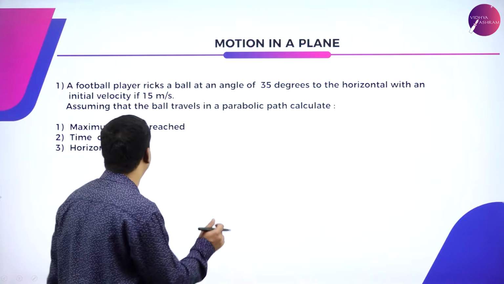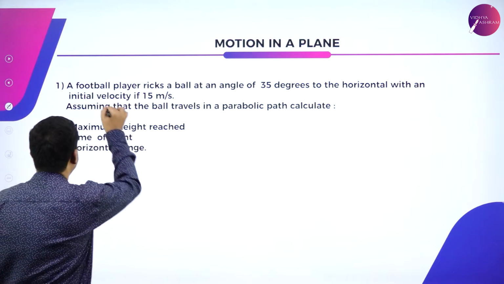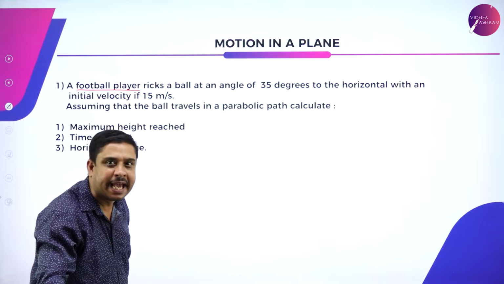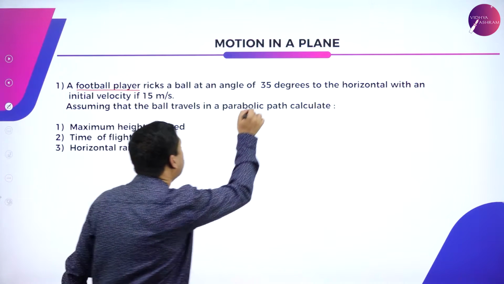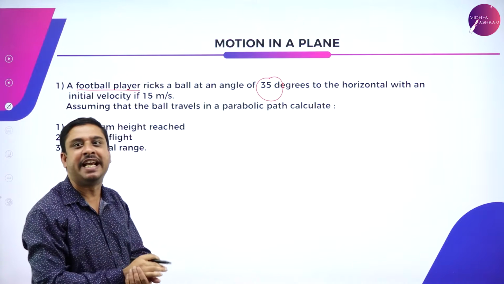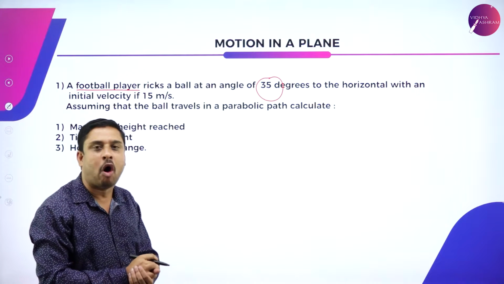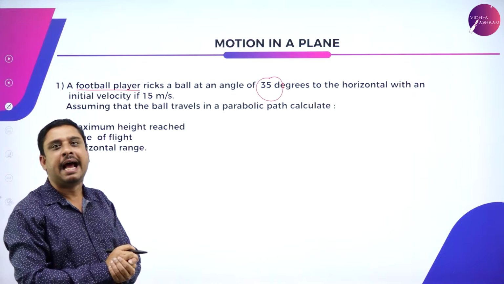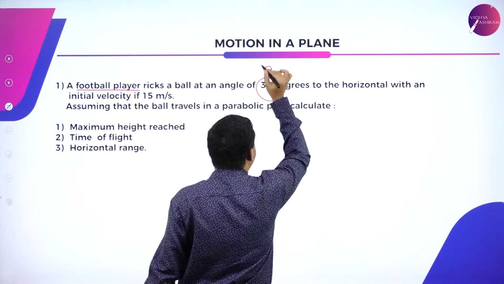The first problem reads that there is a football player who is kicking the ball at an angle of 35 degrees. So, a football player has kicked the ball at an angle of 35 degrees.